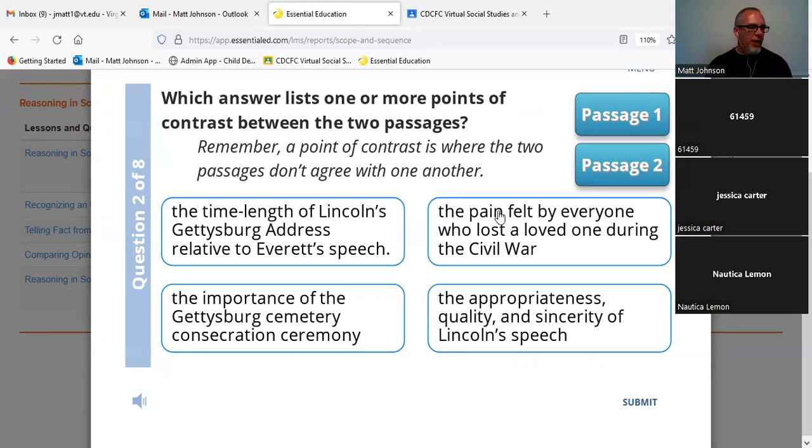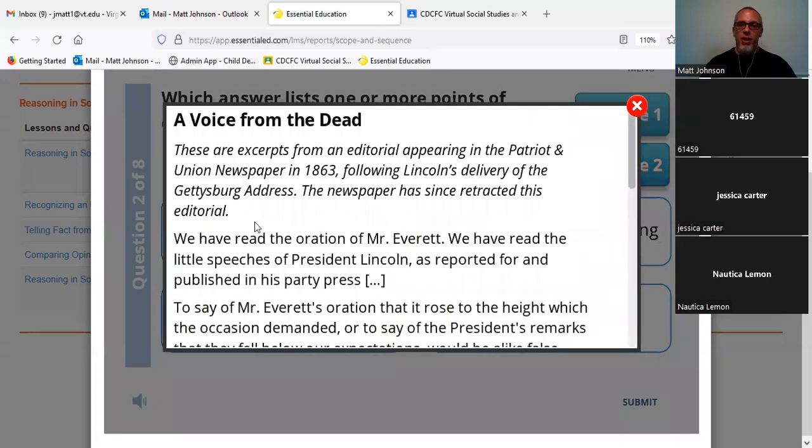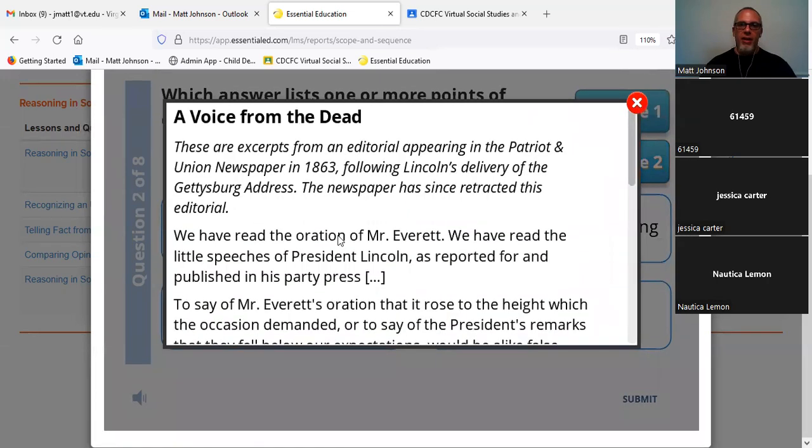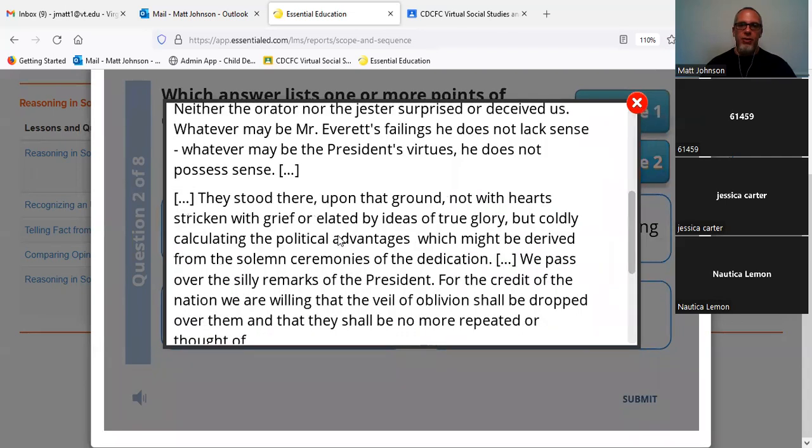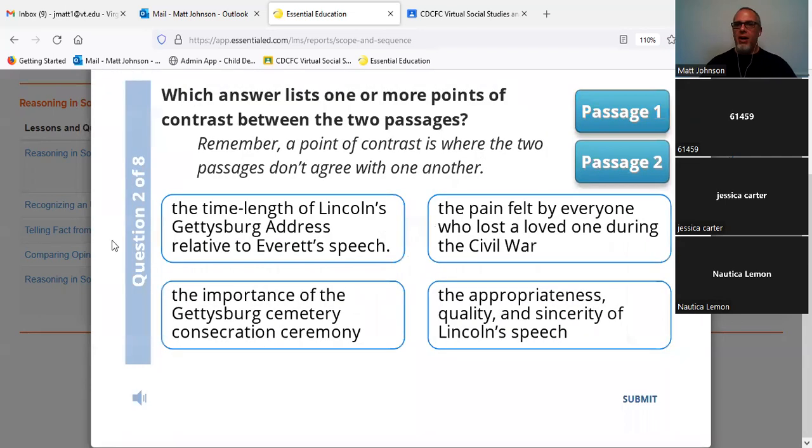This is really great here, because you can also see for historians, what we know a lot about Lincoln is that he was not particularly popular at the time, and not even often within his own party. So this is a good primary source to show you that there were people out there who did not always favor Lincoln.